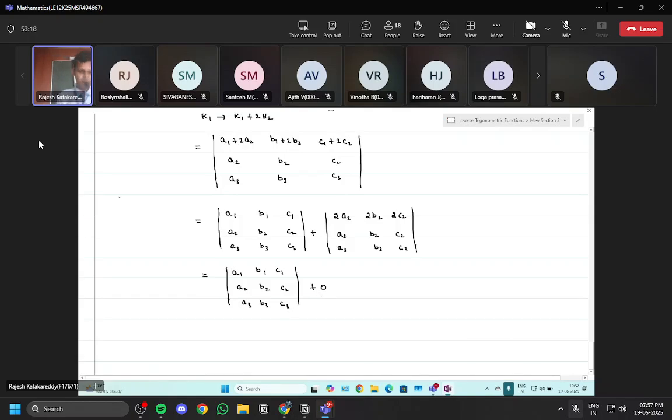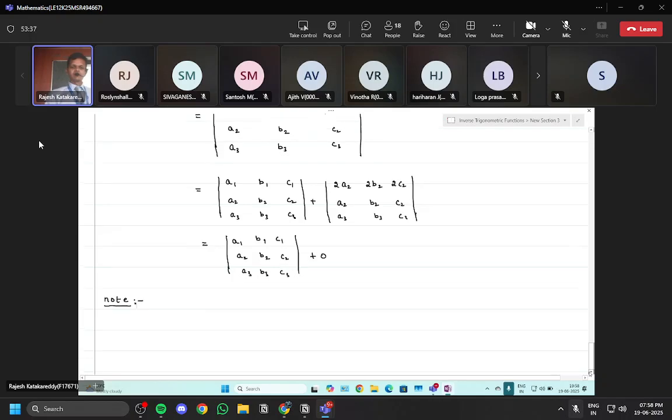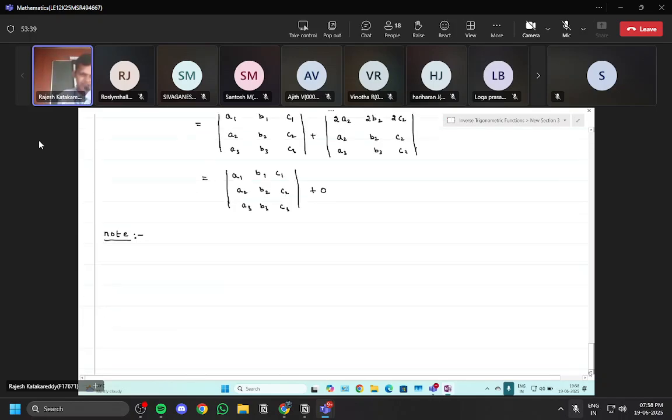Please write. Now this one note. In the same delta, if we are applying a transformation, let us write it in the same way: R1 changes to 2 times R1 plus R2.